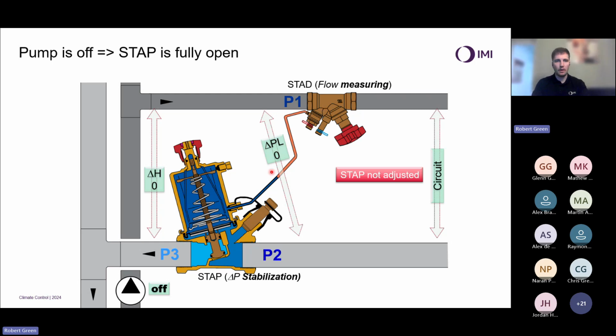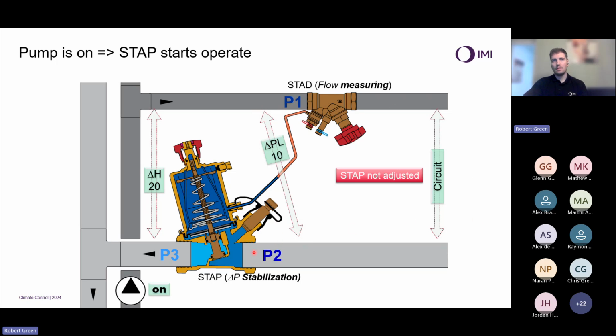So we now turn my pump on. In this example, I've turned my pump on, but my pump is not at full speed. We now have an available head into the circuit of 20 kilopascals. And at this point, with no adjustment on the STAP, we have a 10 kilopascal pressure drop across. So we're maintaining a 10 kilopascal pressure drop across my circuit.